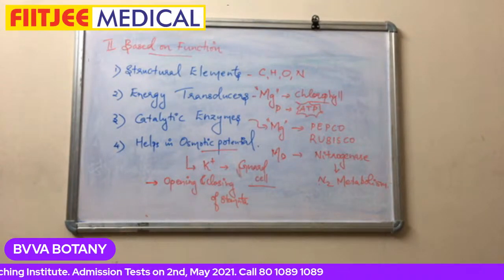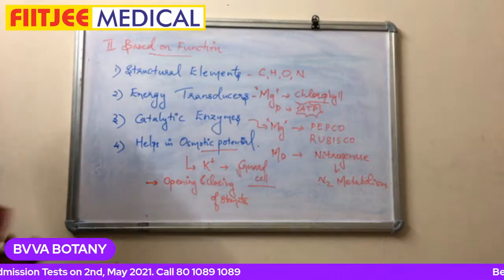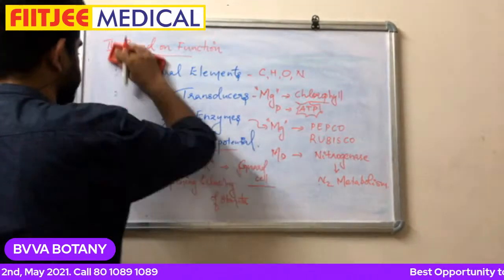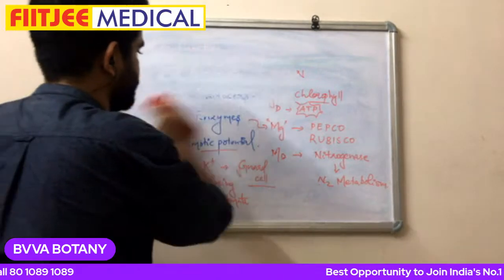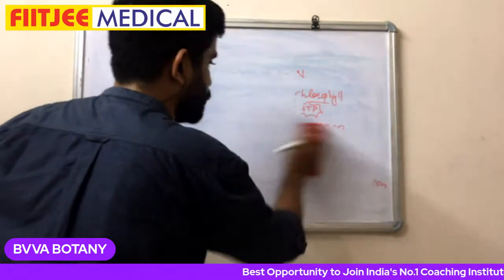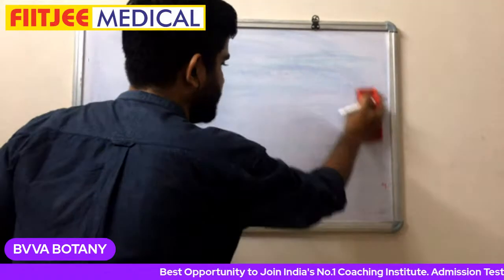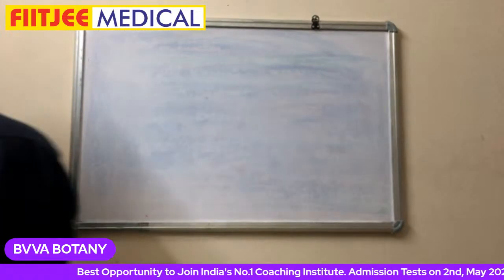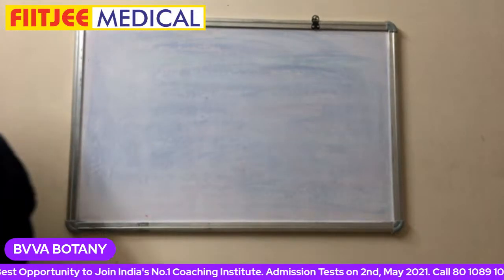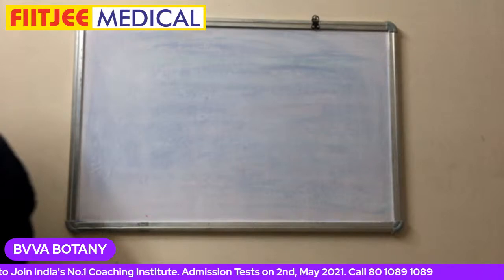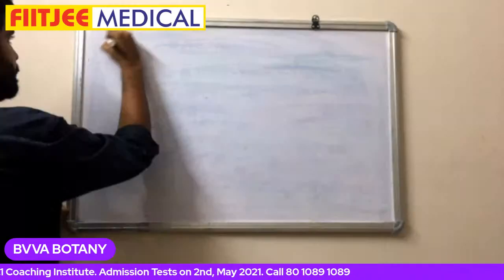Now, the next criterion is based on availability. The first one was based on quantity, the second was based on function, which we have to do with examples, and the next one, number 3, is based on availability.